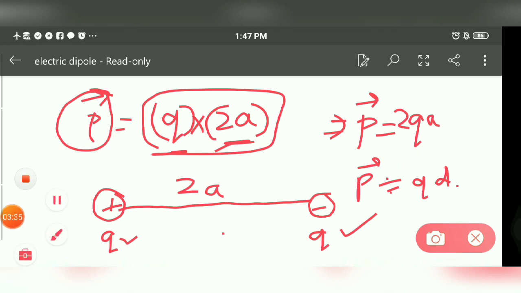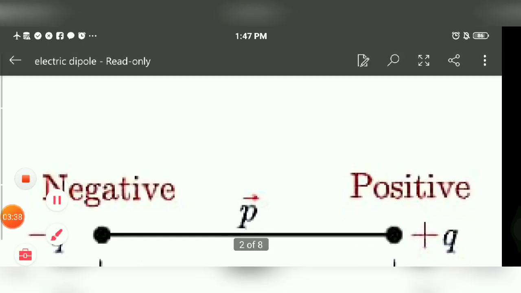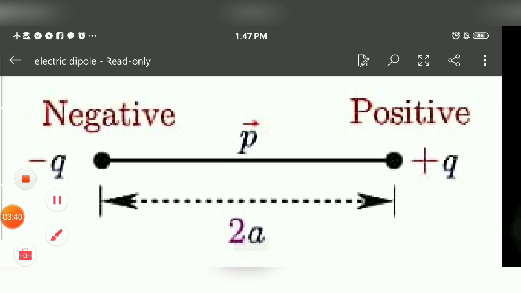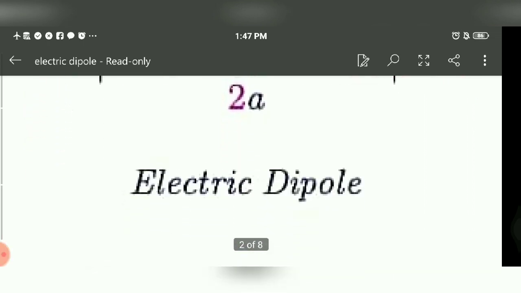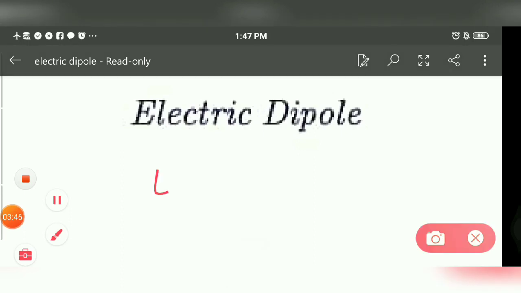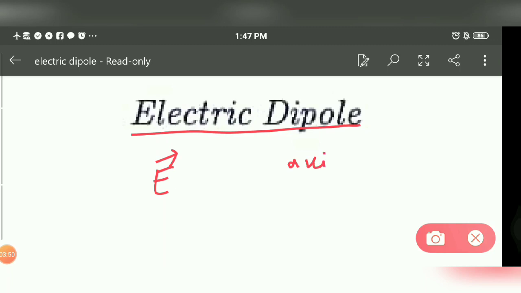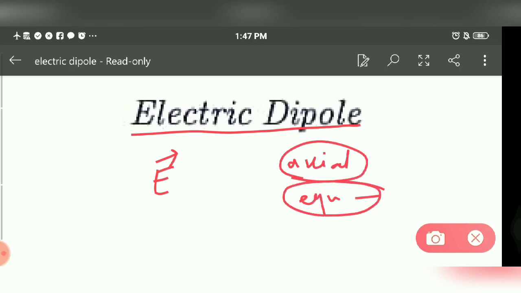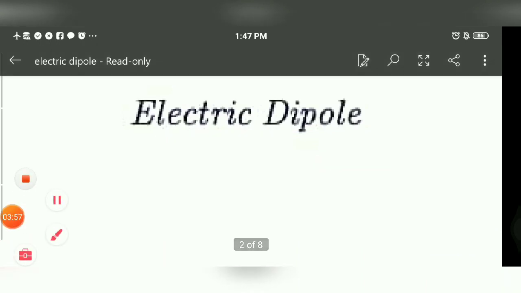So now next is what we have to find. Here this is the electric dipole with a distance of 2a between them. Next we have to find the electric field due to an electric dipole at its axial and equatorial points. Now what is the axial and what is the equatorial plane? We have to find this first.